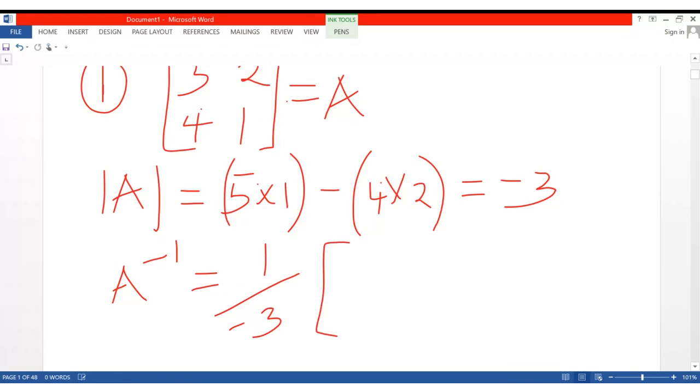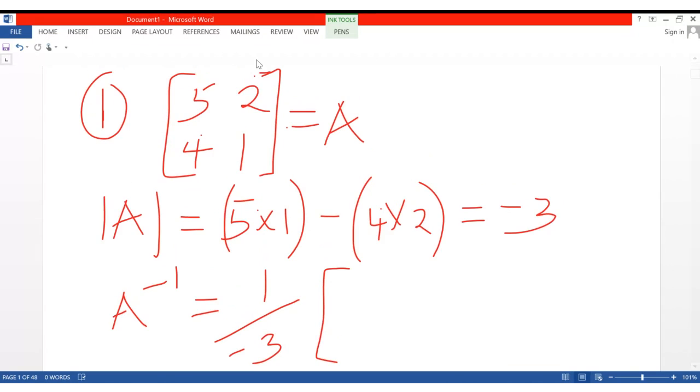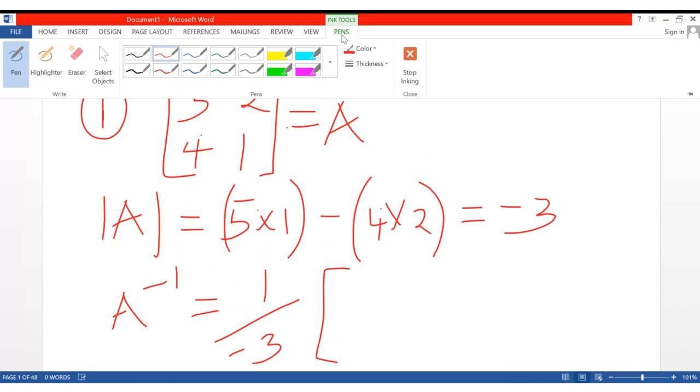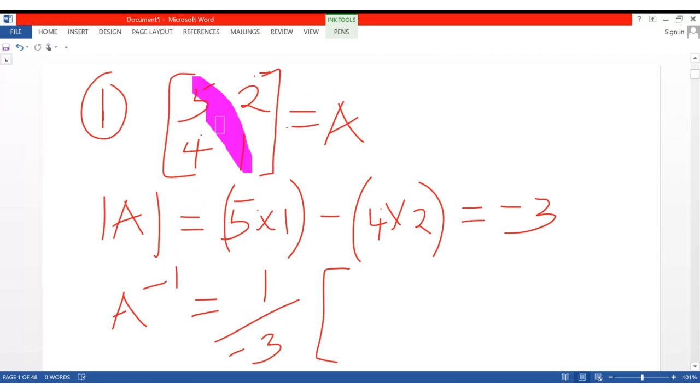Then I come to the matrix. The one in purple here, I will just interchange. And then the one in yellow, this one and the 4, I'll multiply with a negative.